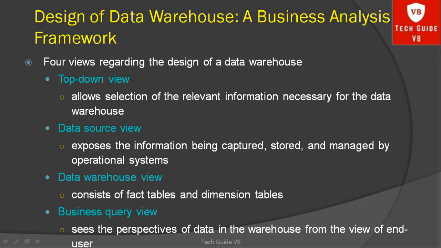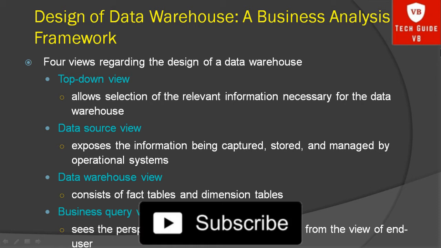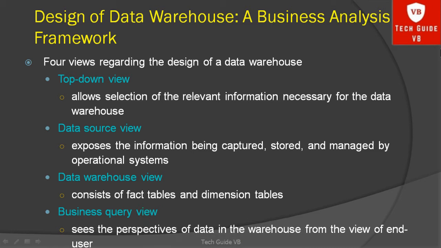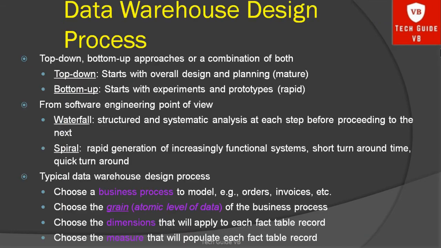Fourth is the business query view, where it sees the perspective of data in the warehouse from the view of the end user. In the business query view, the end user is a very important factor when we are designing our data warehouse. Now, the data warehouse design process: how can we design this data warehouse?